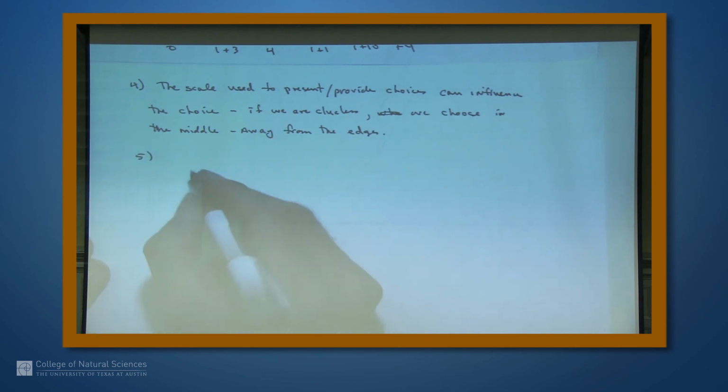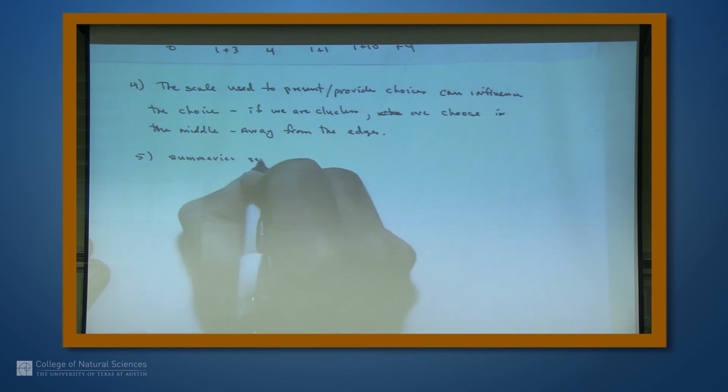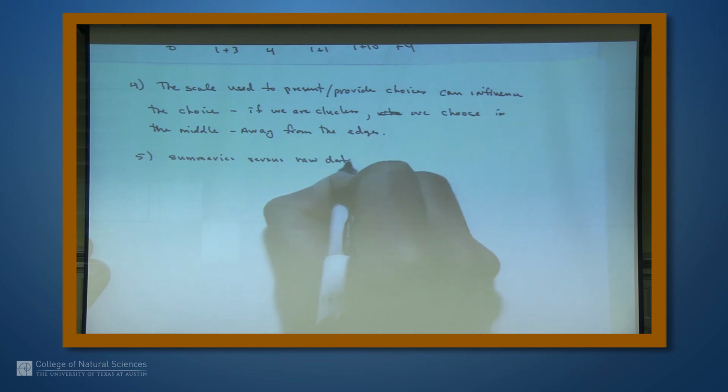And the last point is summaries versus the raw data. Even in my field, we rarely see the raw data anymore.